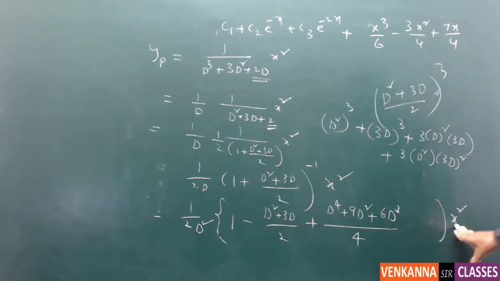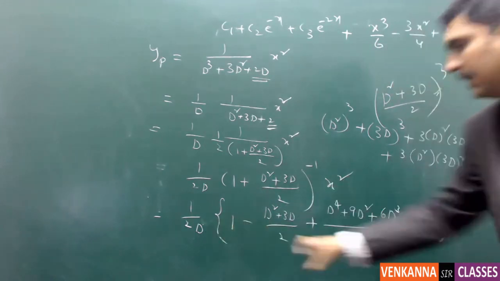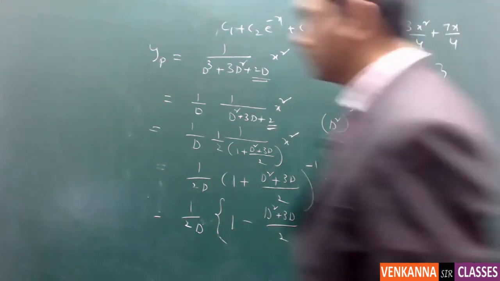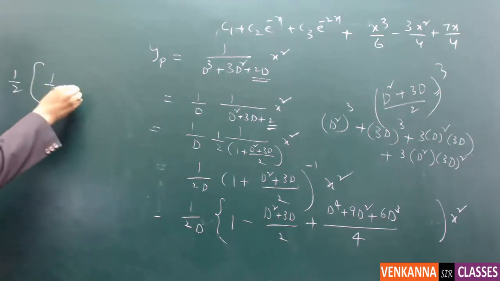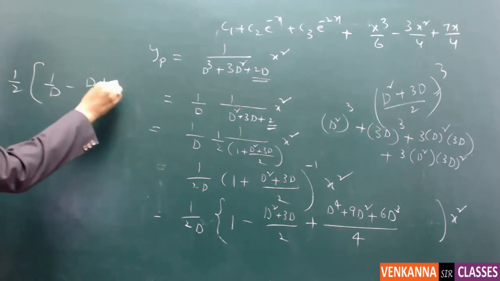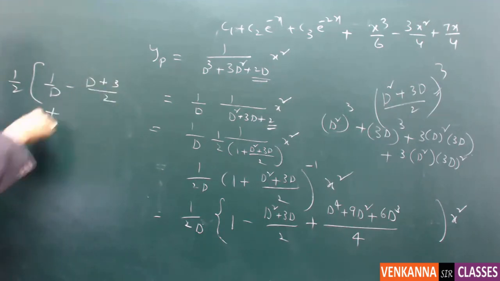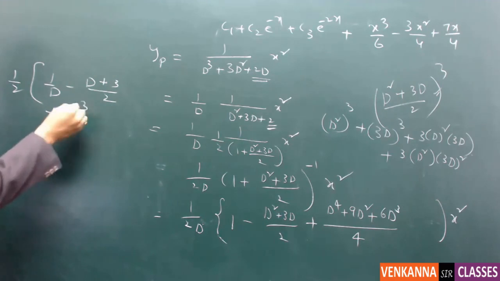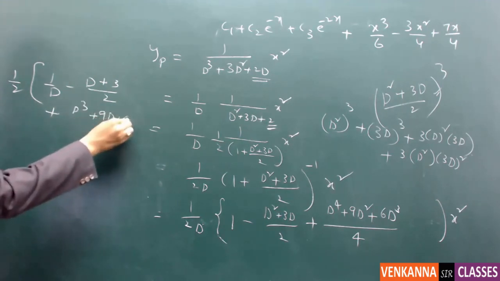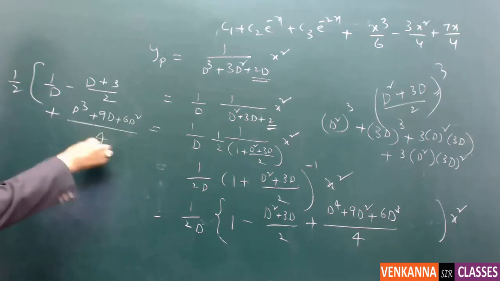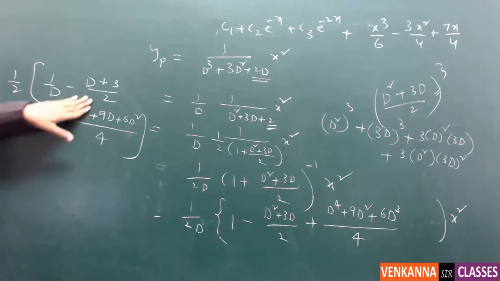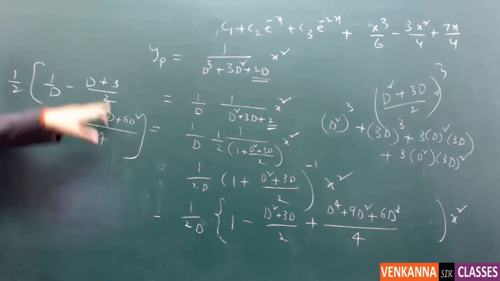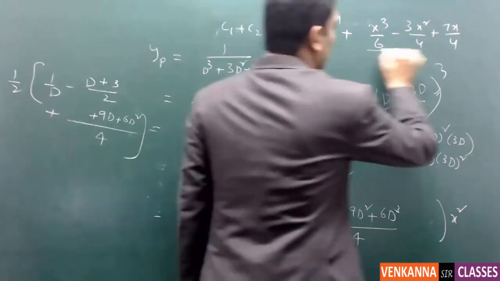So if we apply with d here, it is nothing but 1 by 2 into 1 by d minus d plus 3 by 2 plus here d cube plus 9d plus 6d square by 4. So here d cube is neglected because it contains more power than x. These two will be considered. On simplifying, you will get this final answer.